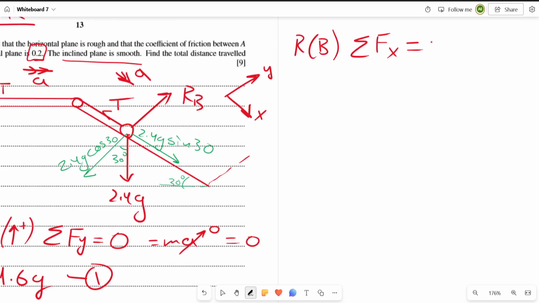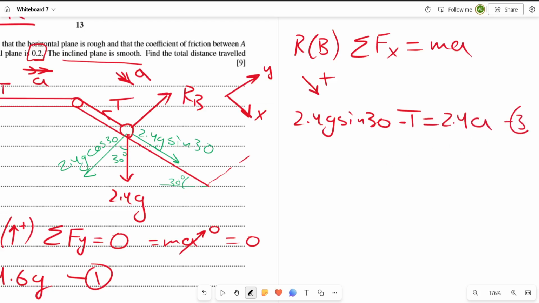This is a case of equal to ma because we have acceleration. I'm gonna take down the slope as positive, again because the direction of acceleration is down the slope. So force down the slope is 2.4 G sine 30, and then I have the tension up the slope, so minus T is going to equal the mass, which is 2.4, times the acceleration.